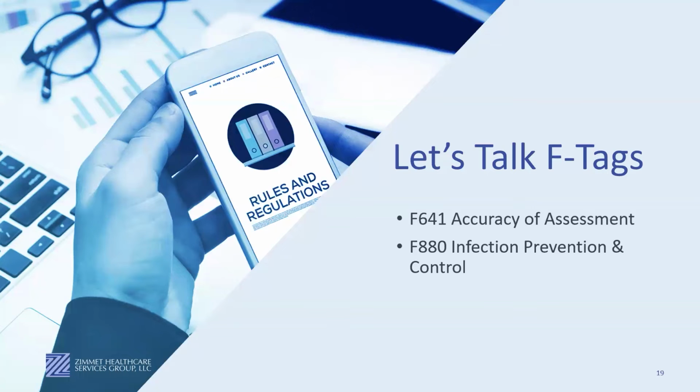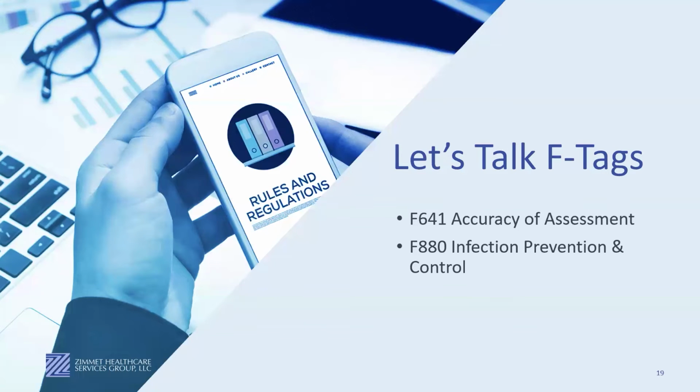We want to be accurate, but we don't want to not code something if it is active, because that would also be an inaccurate assessment. So we need to follow the rules of the RAI manual and the rules of documentation. The other thing is F tags. It falls under F880, infection prevention and control. This is probably not the first time you've heard about F880.